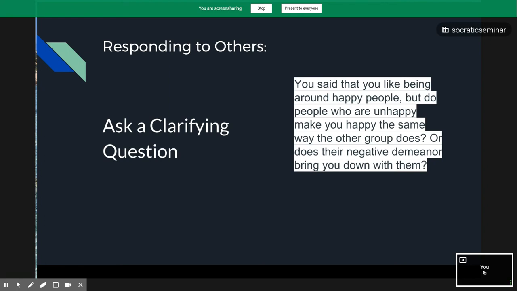Or does their negative demeanor bring you down with them?" I really had to stop and think about it, and I did respond to it. So it's continuing that conversation and making me think deeper about my response. So I really appreciated that. And those clarifying questions can be helpful to the person who has responded, because then they can figure out, yeah, how am I thinking about this?